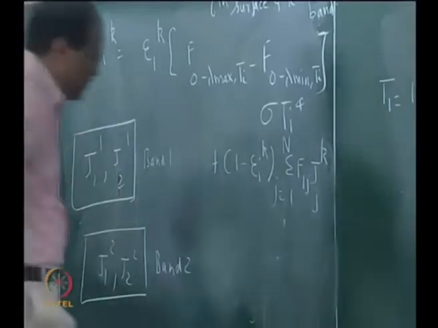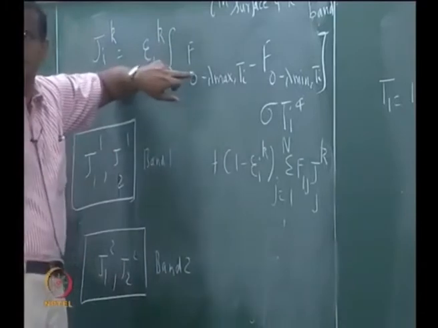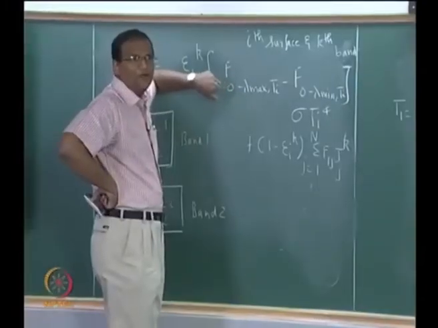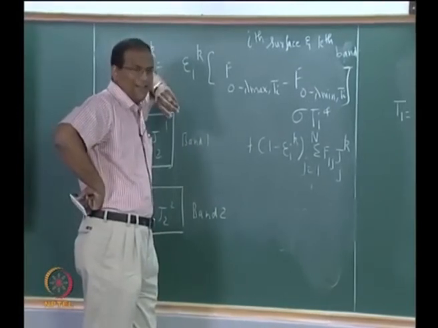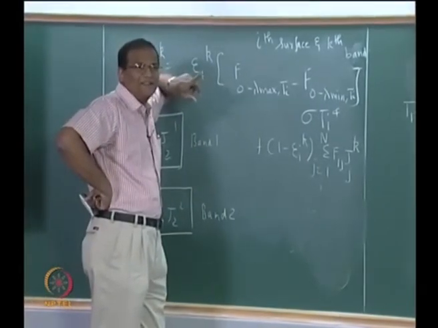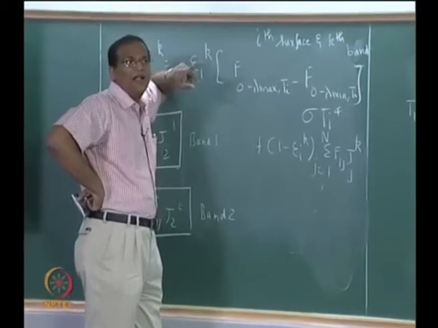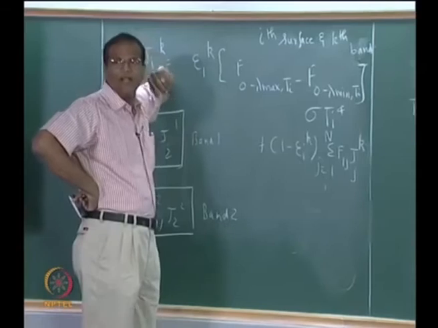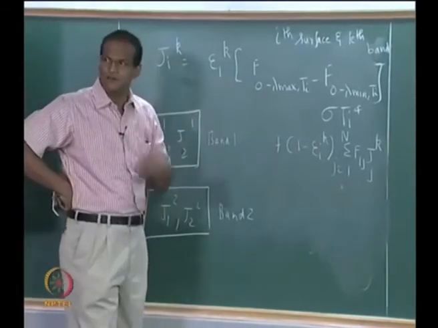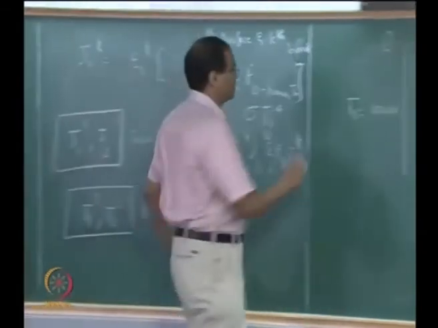Now better to use the F function charts. How many times will you use this? 4 times, very good. Why 4 times? Yeah, correct. 0 to lambda and lambda to infinity for the surface 1 and also for the surface 2.